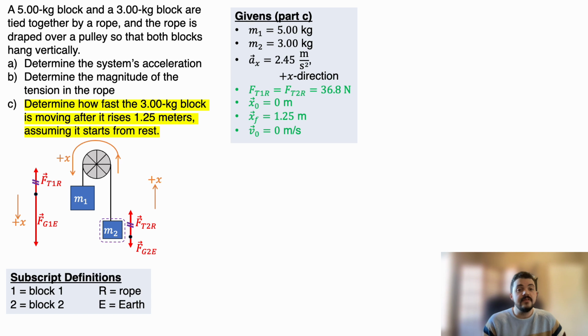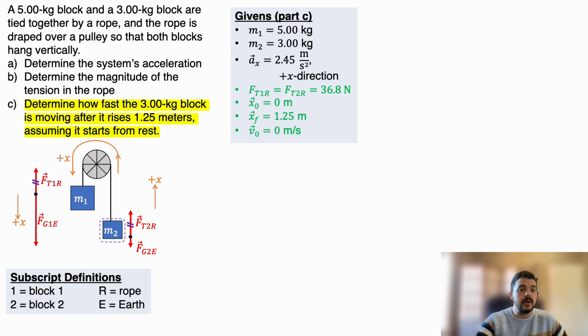We now know the tension force, so that find from part B becomes a given for part C. We can always choose our starting position to be 0 meters, which is the choice I'm going to make. And if we make that choice, the final position for our block will be 1.25 meters higher up. So the final position is 1.25 meters. We also know that the block starts from rest, so its initial velocity is 0 meters per second. So those are all the things in our givens.